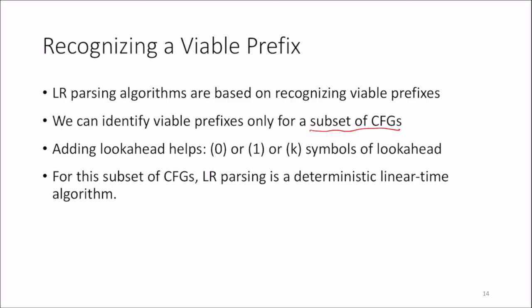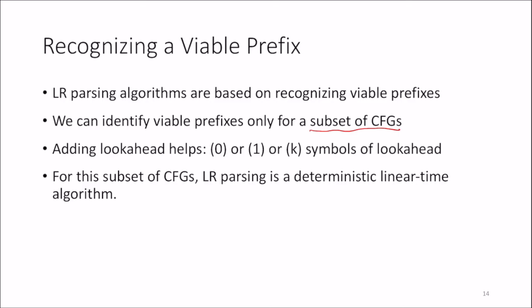Not every context-free grammar can be parsed in this sort of deterministic shift-reduce manner. Adding look ahead helps. So going from 0 symbols of look ahead to 1 or to K symbols of look ahead can help you decide what is a correct viable prefix at every point in the parse, but not always. It doesn't help with every possible context-free grammar.